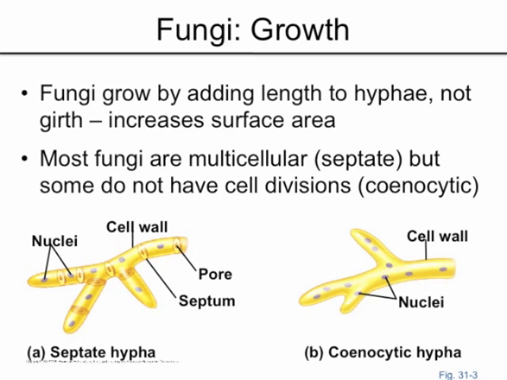But some species grow by what's called coenocytic, which they don't have those separations between the cells. So they'll have multiple nuclei, and it's basically one gigantic cell. And so it'll grow by lengthening that cell, and it'll keep on adding nuclei, but it won't add cell divisions.